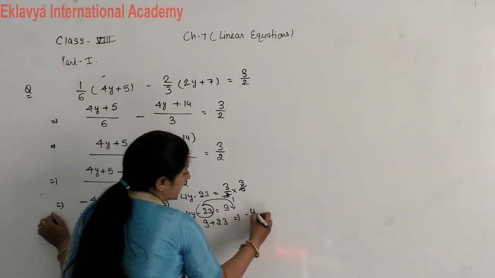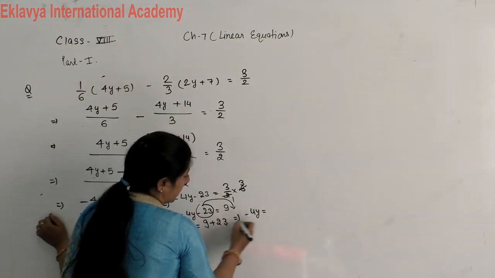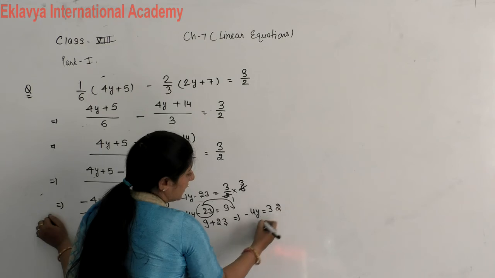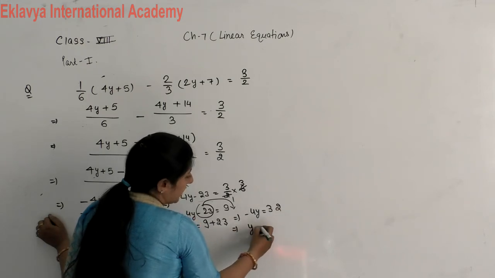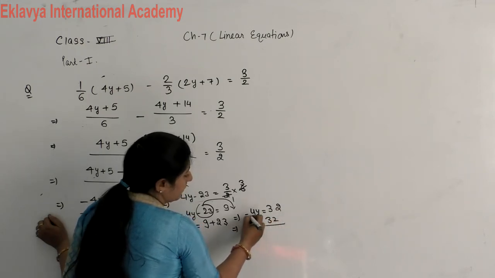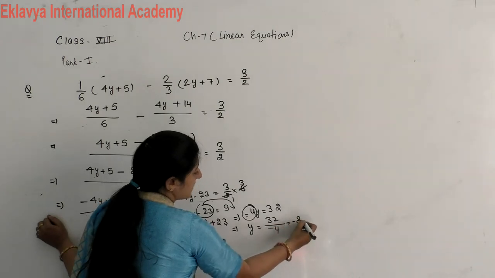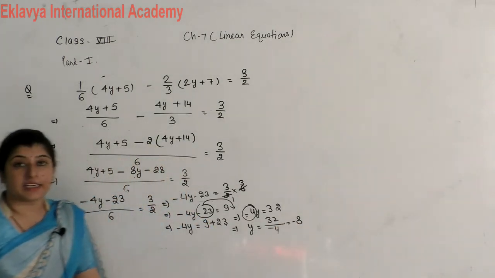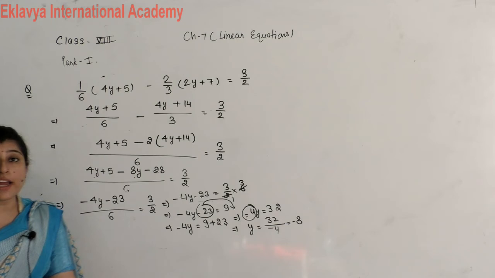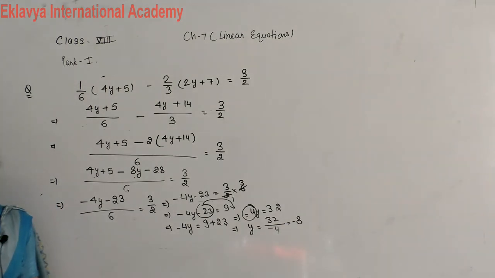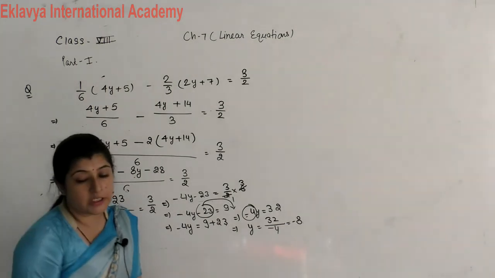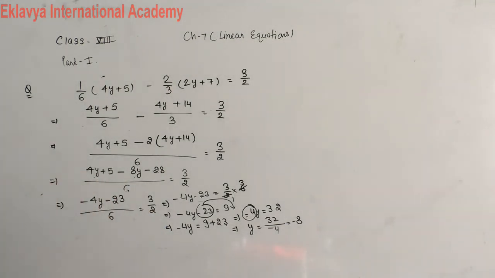Then minus 4y is equal to 32. The y value we want to find out. We will divide 32 by minus 4, then you will get the result minus 8. Then it means y value is equal to minus 8. So we use the rule of transposition and then solve it.